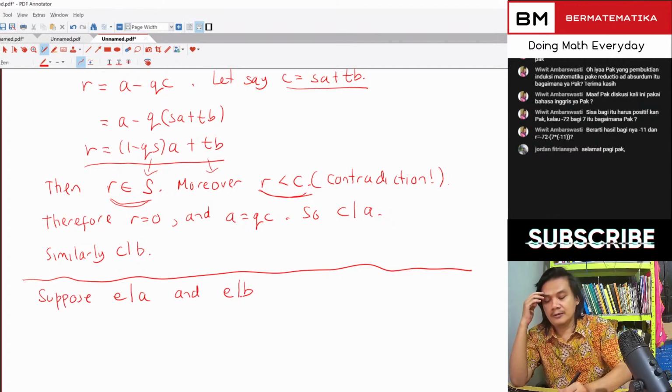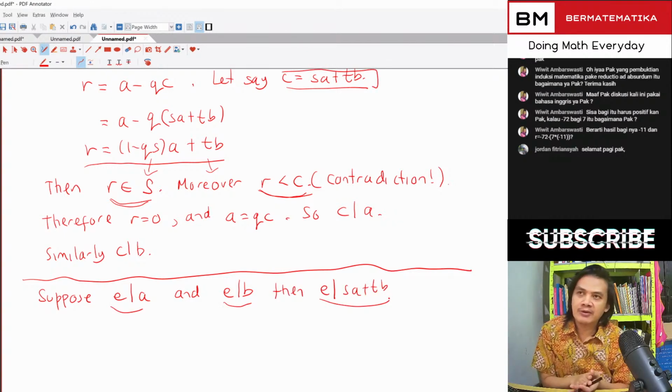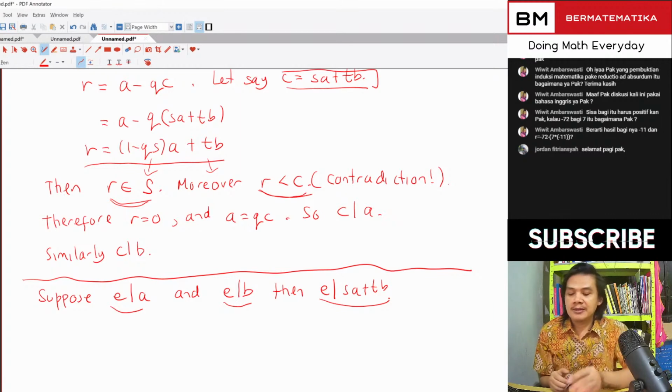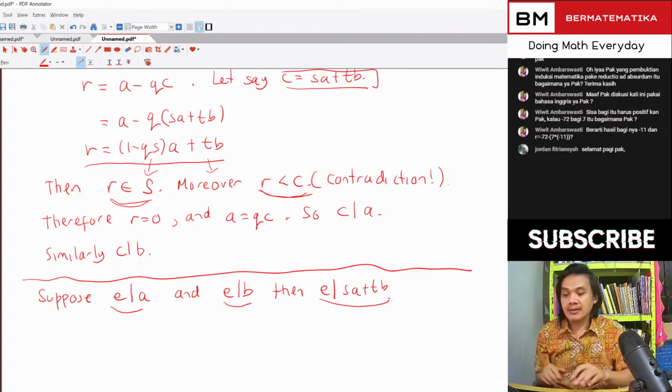Then E divides SA plus TB. I'm assuming that you are familiar with the divisor property: if E divides A and E divides B, then E divides a linear combination of A and B. But this is exactly C. So E divides C.